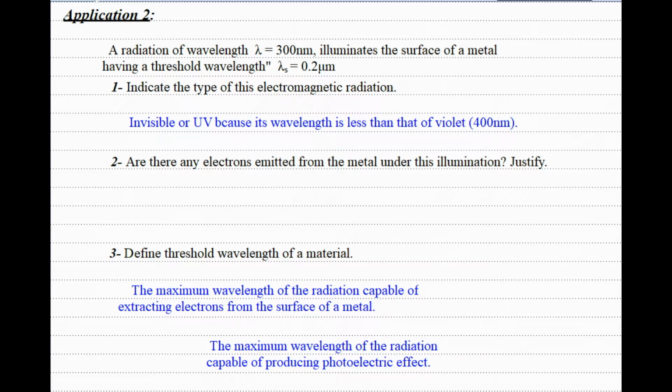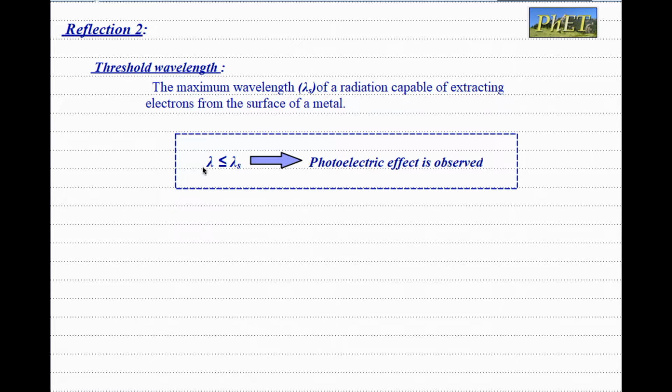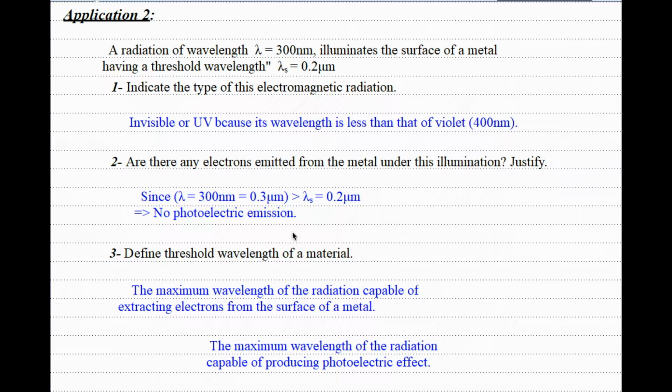Converting nanometer to micrometer, we divide by 1000, so we get 0.3 micrometer. 0.3 is greater than lambda threshold, which is 0.2, implies no photoemission. If I go up to this page, remember, when lambda is less than lambda threshold, we will have photoelectric emission. If it's greater, nothing's gonna happen, and here it was greater.